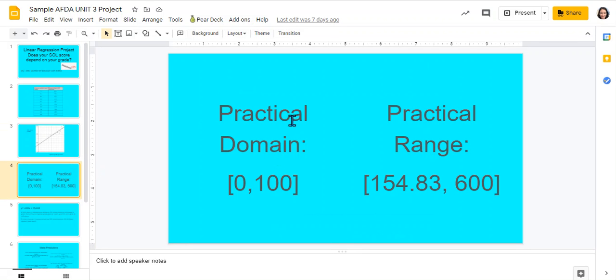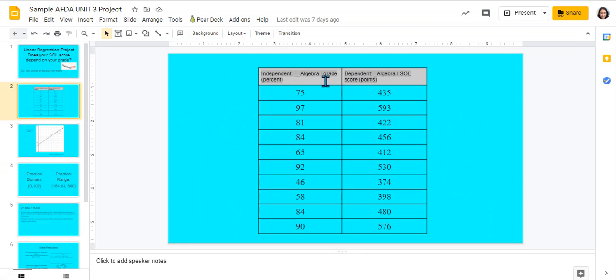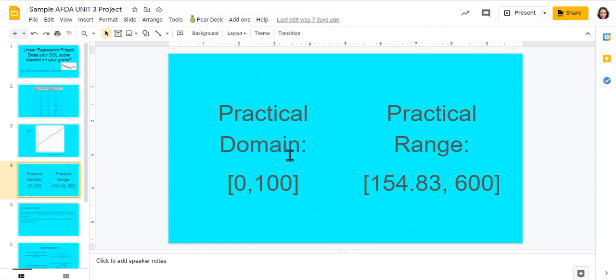And looking at my graph, I'm talking about the practical domain and practical range. Remember, domain is X values and range is Y values. So I need to think back to what actually makes sense in my situation. Since my X values are Algebra 1 grades, they can be between 0 and 100. So that's how I have 0, 100.